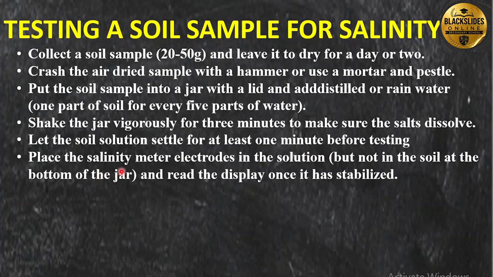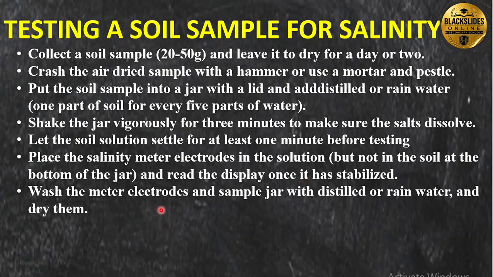Place the electrodes in the solution, but not in the soil at the bottom of the jar, and read the display once it has stabilized. Wash the meter electrodes and the sample jar with distilled or rainwater and dry them right after use.